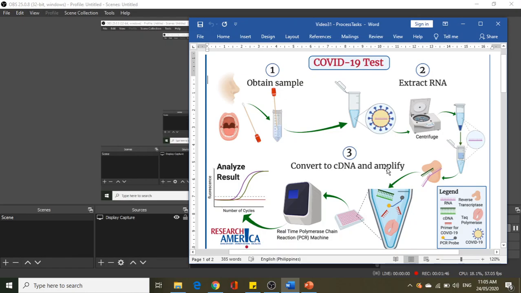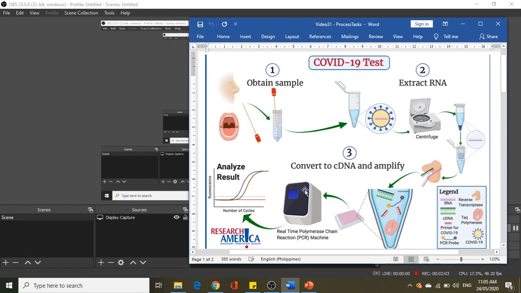Obviously this kind of process task is for medical professionals. I don't think a process task like this is going to appear in the actual IELTS exam, but I just chose it because it's quite relevant for the times.